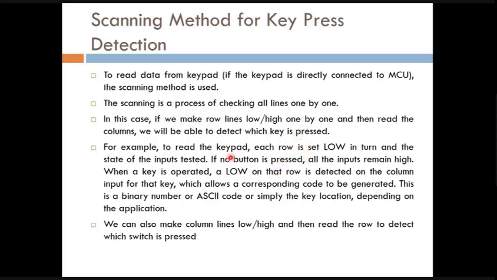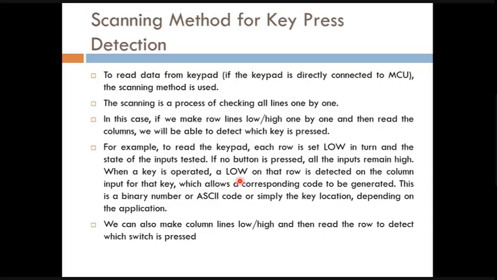For example, each row is set low in turn, and then the state of the input is tested. If no button is pressed, then all the inputs should be high. First you set the entire row low, and then when a key is operated, a low on that row is detected on the column input for that particular key. If no key is pressed, it will give out high on the column.